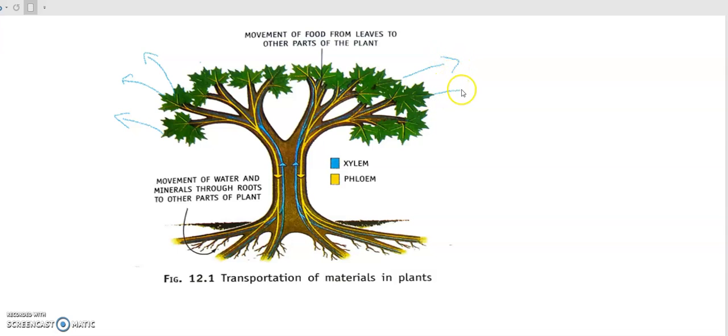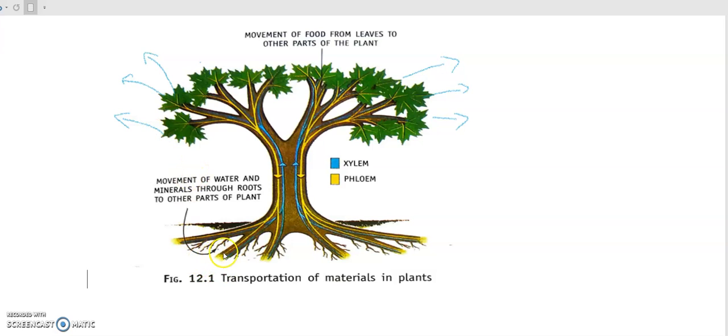So this water gets evaporated here. On one side there is a pushing force, and at the other end, this evaporation process is going on. So water gets evaporated from the leaf surface through stomata, and this evaporation of water produces a pulling force.